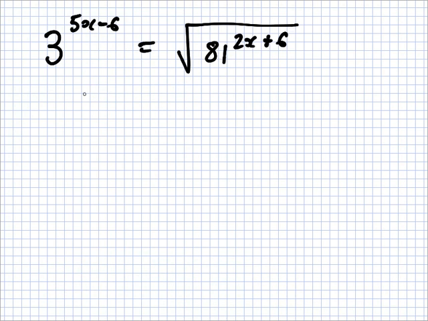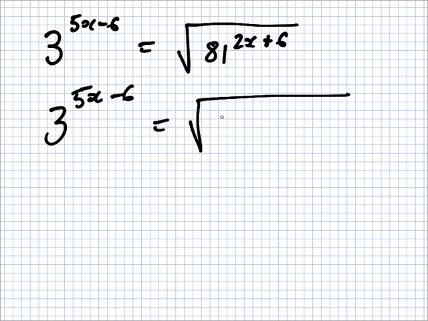So the first thing I'll do is I'll change that 81. Well, the 1 over 2 I'll get to in a moment. But what should I change the 81 into? Yeah, 9 squared or 3 to the 4.